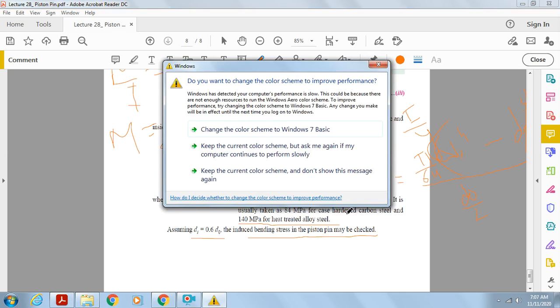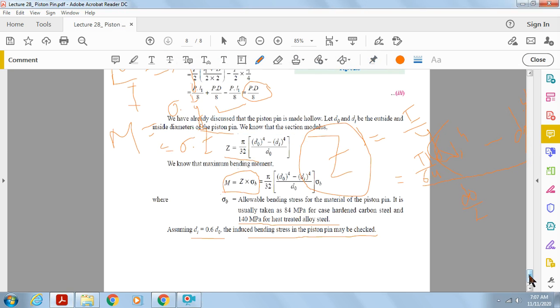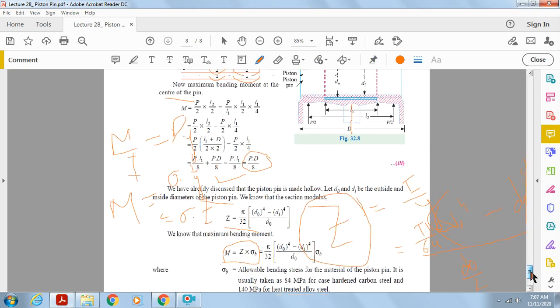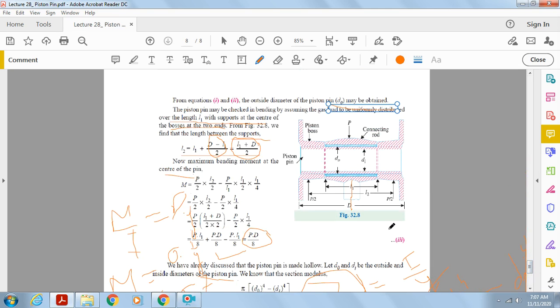You have to know all the mathematical formulas for determining the piston pin dimensions, especially the piston pin length L1, the outside diameter d0, the inside diameter di. These derivations may directly come from the relations of the bending moment, and this is how we can determine the values.